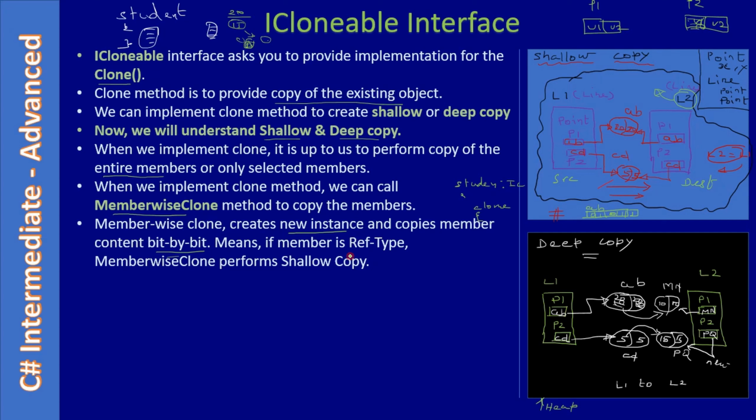Means if a member is a reference type, MemberwiseClone performs a shallow copy. This is what we are talking about. So if it is a reference type, there is an issue; if it is a value type, no issues. Why? Because the content itself is a value, it is not pointing to some other location. So this content itself is a value, and later when the user changes this value, it reflects.